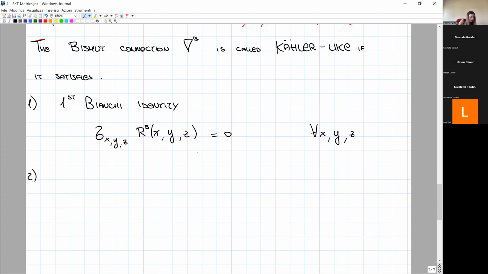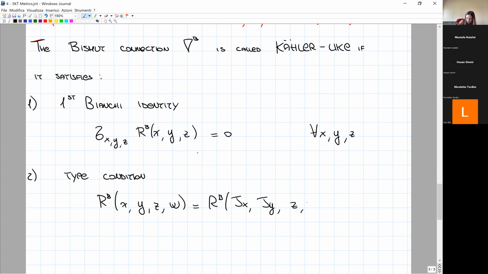And second, the type condition, which means that R^B of X, Y, Z, W is equal to R^B of JX, JY, Z, W for every X, Y, Z, W. So we say that the Bismut connection is Kähler-like if we have these two conditions, the first Bianchi identity and this other type condition.